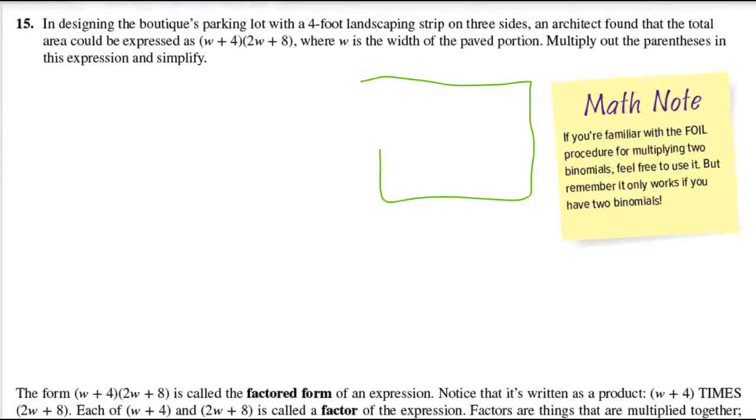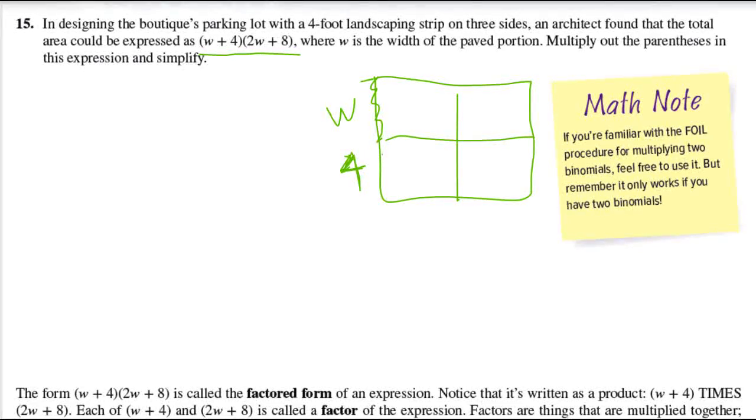So I'm going to pretend that there's an area somewhere, a rectangle somewhere. And whenever we have multiplication, any multiplication problem could be an area problem. So I have W here and 4 here. So the left side and the right side of the big rectangle represents W plus 4.